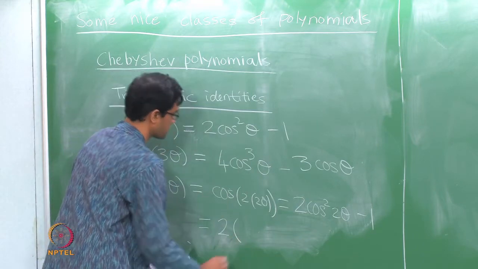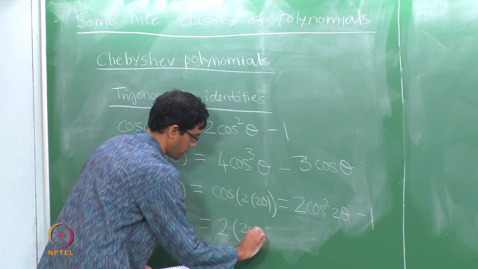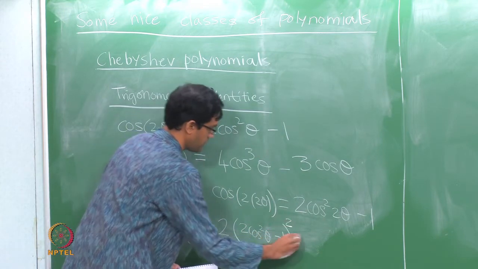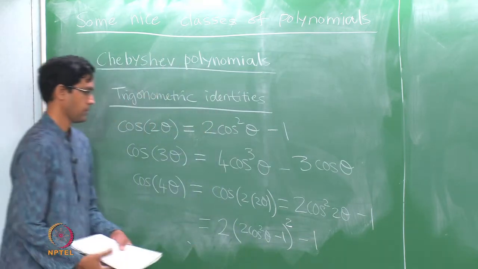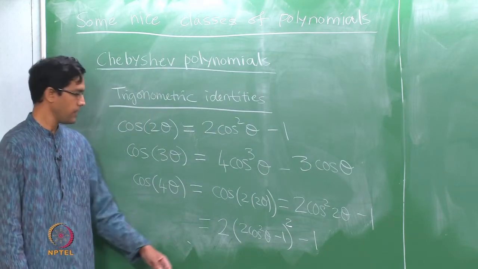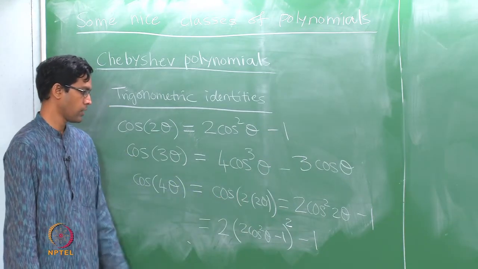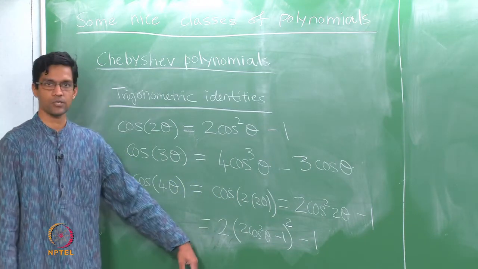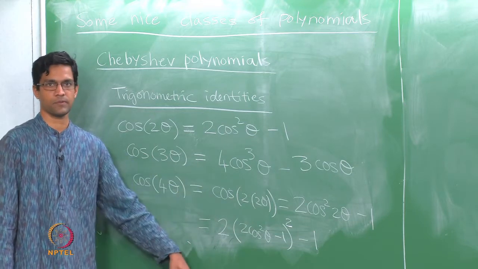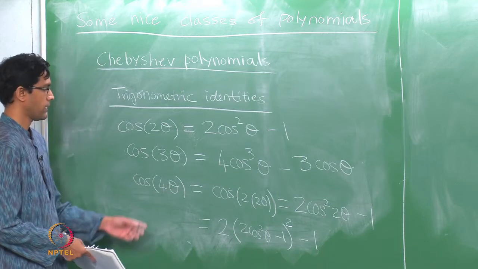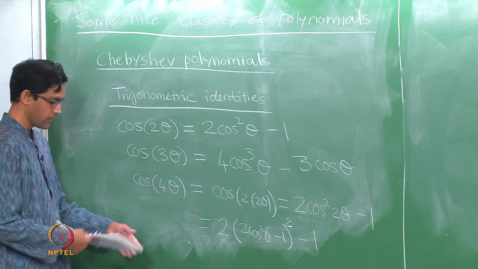So this is 2 times (2 cos squared theta minus 1) the whole squared, minus 1. I could expand this out a little bit more. The final answer is going to be some expression which is a combination of powers of cos theta, and so on. So you keep going.